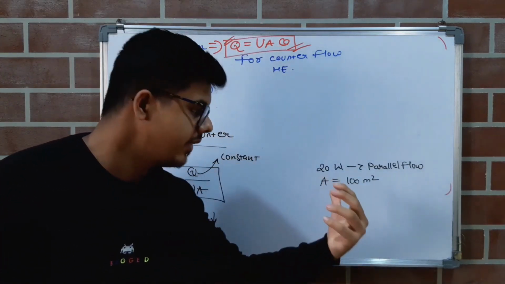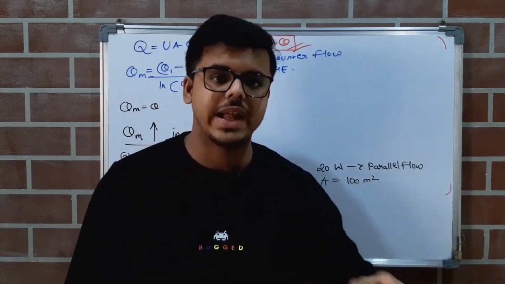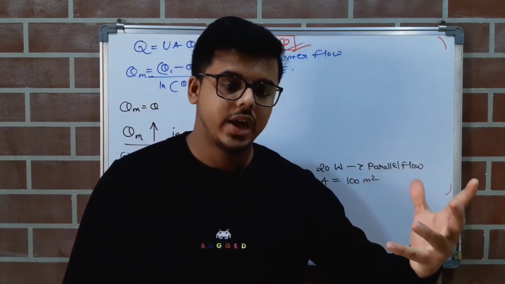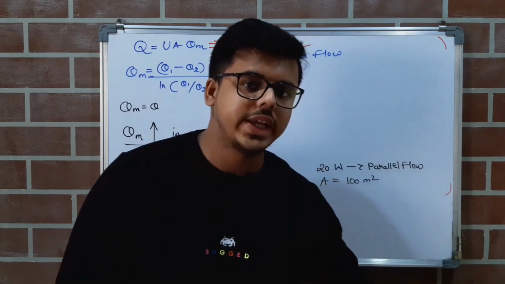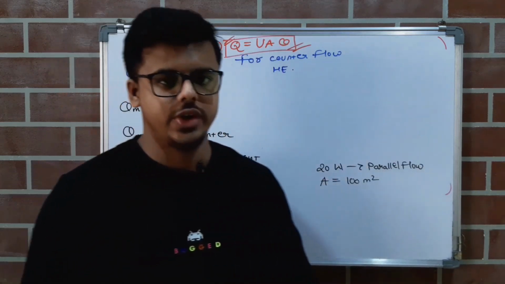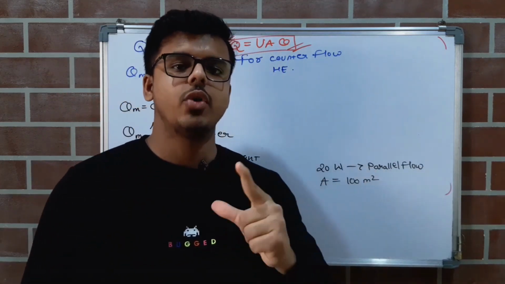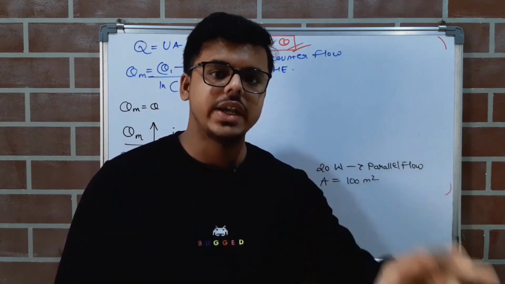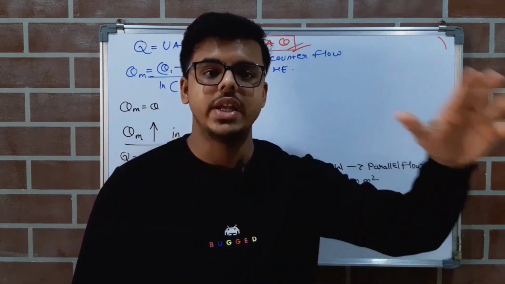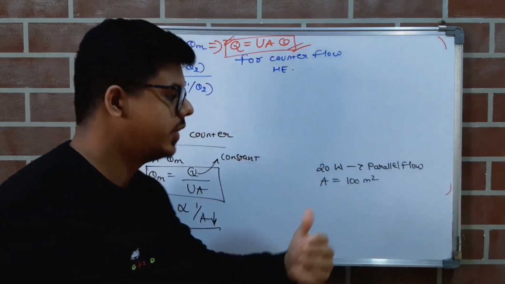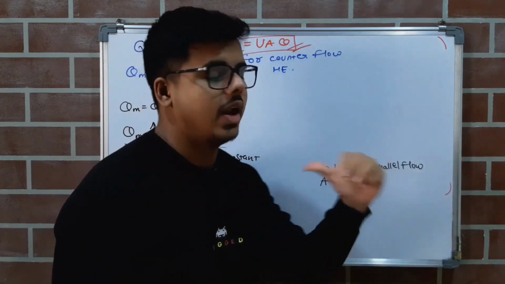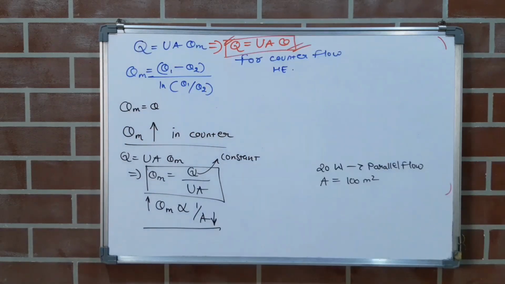Now if you replace this parallel flow heat exchanger by counter flow heat exchanger for getting the 20 watt heat transfer rate, then in that case you will require lesser area as compared to the area which is required in this parallel flow heat exchanger.